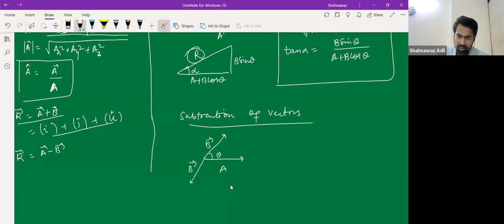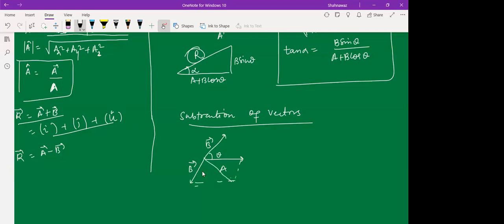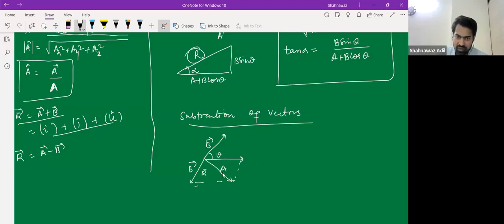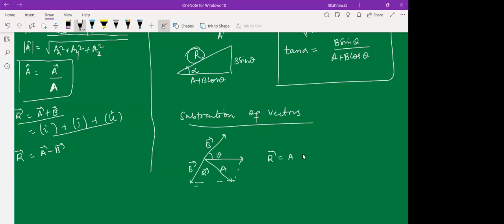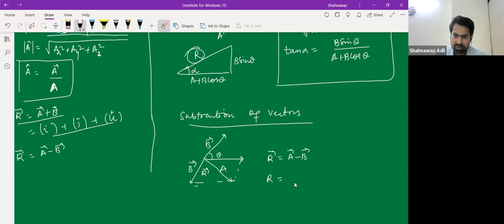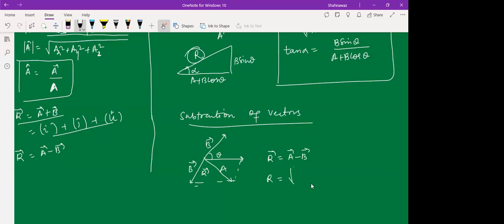And then applied the parallelogram. So then we found out the resultant, which was A minus B, right? And what was the magnitude? Remember? It was root of A square plus B square minus 2AB cos theta.